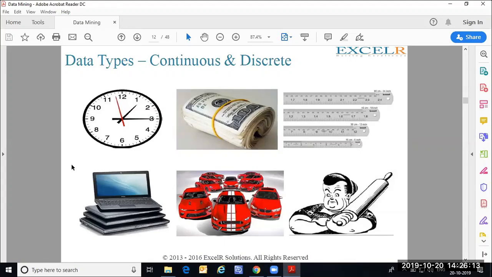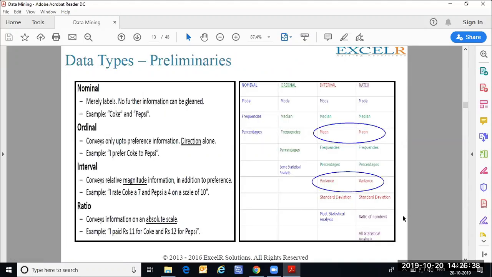It's not good enough for us to understand only what type the data belongs to. In order to select the right techniques from a statistical perspective, we need to get into the next level of detail about the data that we are examining. That's where measurement scales come into the picture.